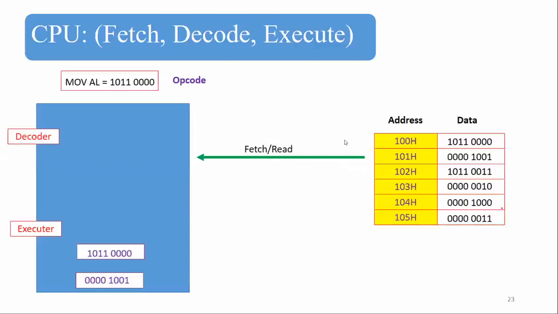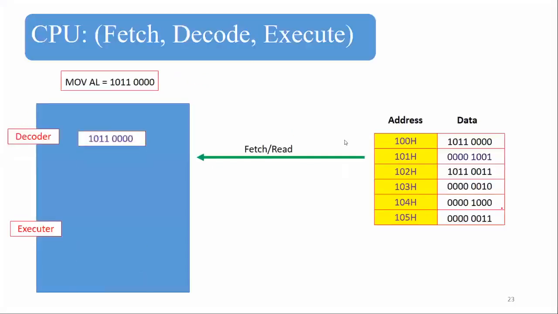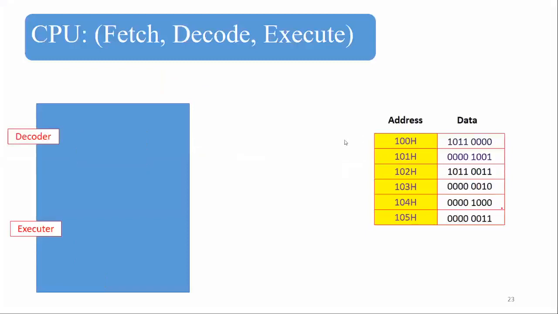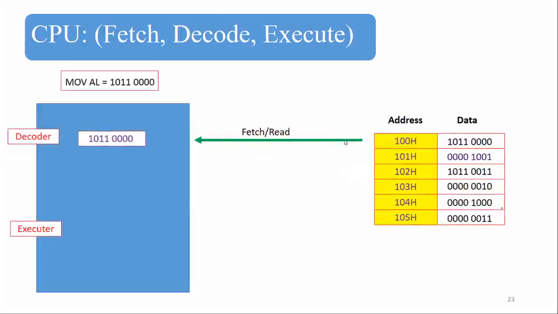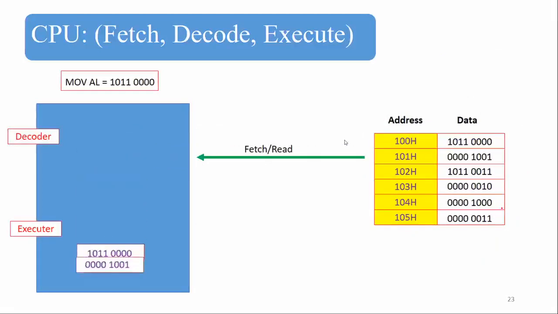This is just a visualization. It is very clear that from the memory you fetch the data one by one, MOV AL and then 05H, then it will be executed by the executor in the CPU. And obviously this is your CPU.